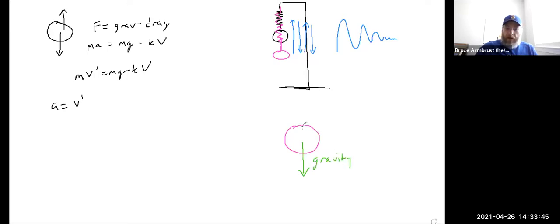There's also going to be the spring that's pulling it up. Even if there weren't air resistance, we would still have this situation where we've got gravity pulling it down and the spring pulling it upward.